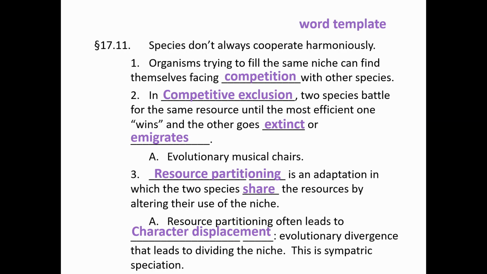You might find that in order to limit how much competition there is, certain birds will go for the larger seeds, others will go for the smaller ones, and over time each group will specialize in either the larger or the smaller seeds, and eventually they'll become two different species, one species of bird specializing in the large seeds and the other specializing in the small seeds. So the niche kind of gets divided up. Instead of it just being the seed eaters, you now have a niche of large seed eaters and a niche for small seed eaters.